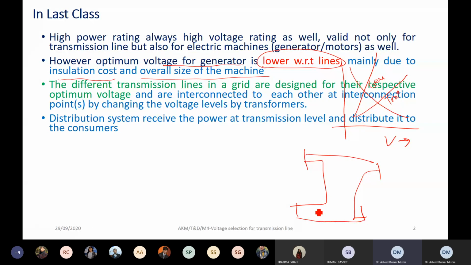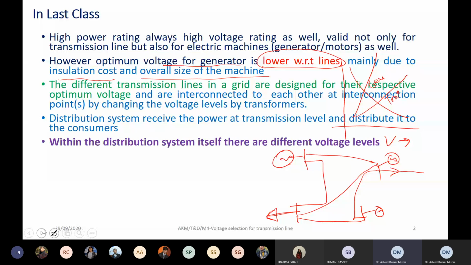In general, the distribution system starts from this point, or it may start from this point, where in this grid several generators and several lines are connected. Even if it is a radial distribution system, we cannot say, without analysis, whether we are receiving the power at this junction from this generator or that generator.